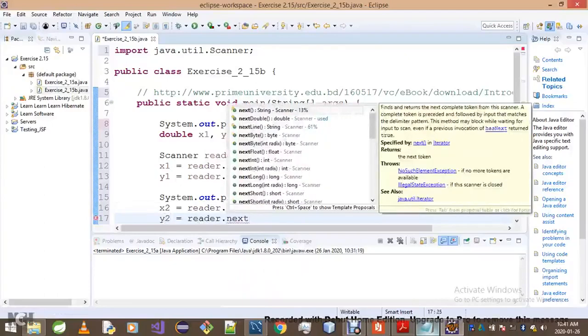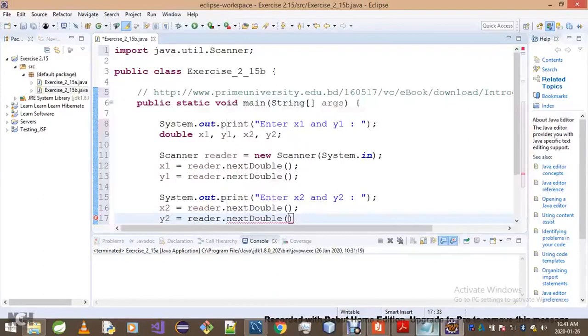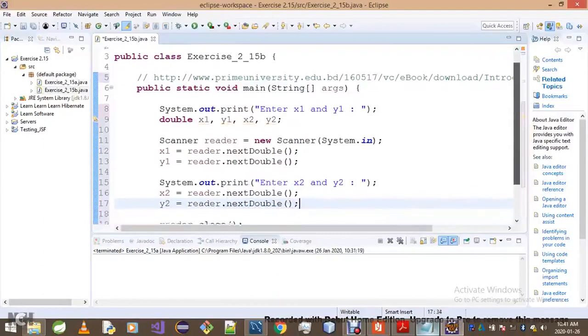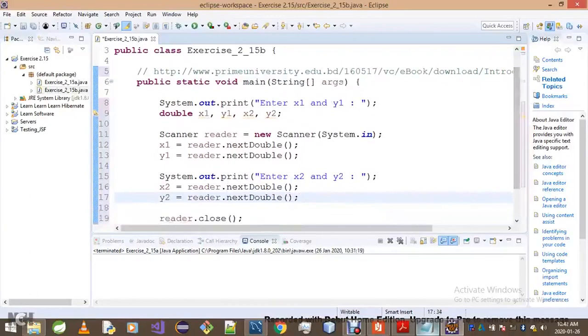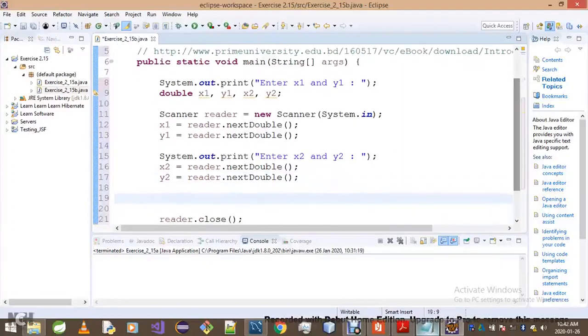I hope you do know, you guys, that the order of reading your user input matters, because if we started by reading a y, it would assume that your very first coordinate, your x coordinate, is actually your y coordinate, which is incorrect. The order matters when it comes to reading user input.